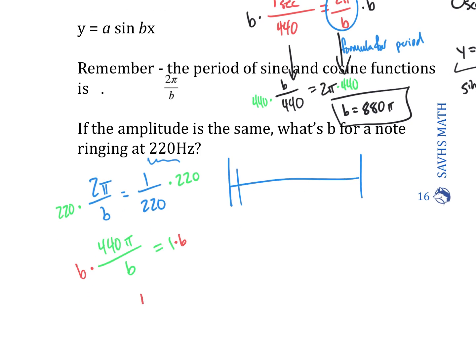And so we get 440 pi equals b. So this is my new function, and for a note that rings at 220 hertz, our function would be y equals sine of 440 pi x. So my period is 1 over 220 seconds.